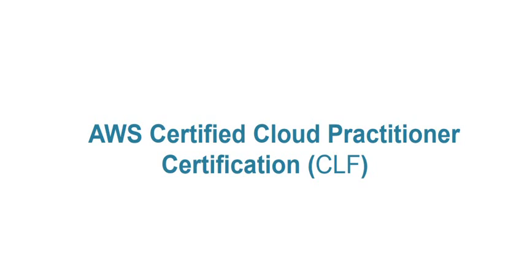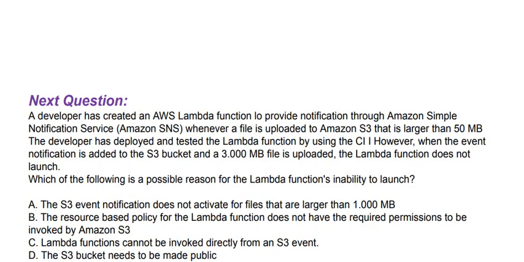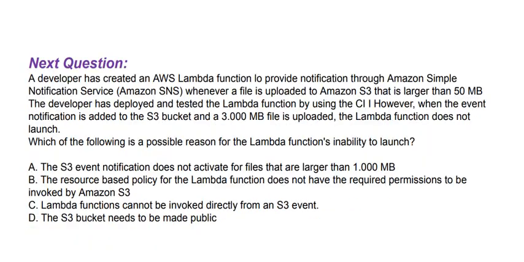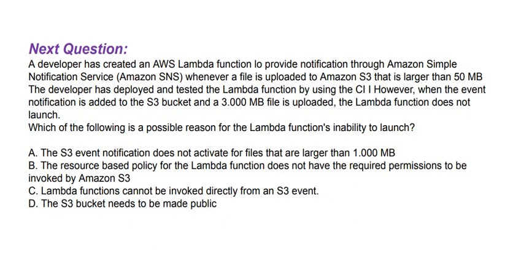Today's question is, a developer has created an AWS Lambda function to provide notification through Amazon Simple Notification Service whenever a file is uploaded to Amazon S3 that is larger than 50 MB.